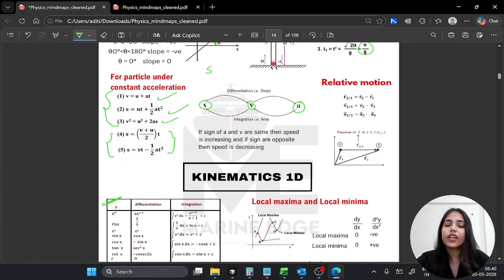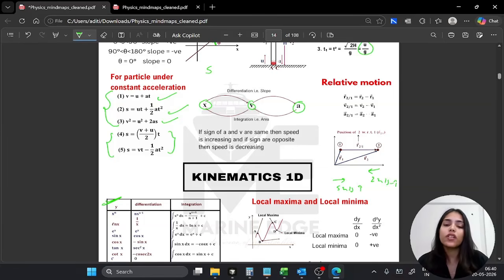Next, we have relative motion. So whenever we are talking about motion with respect to a second person, for example, if a person is walking with 5 meters per second in the forward i direction, and another person is walking towards him with 2 meters per second in the minus i direction, I mean, he's walking in the opposite direction, how fast will the other person seem to be coming? That is relative motion.